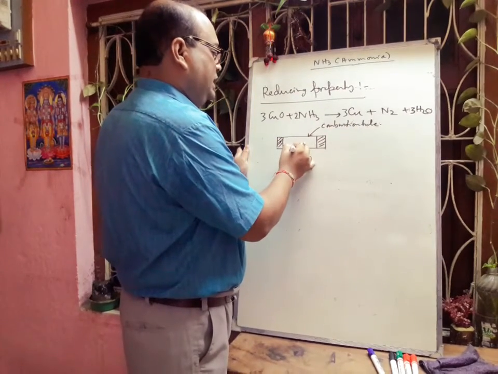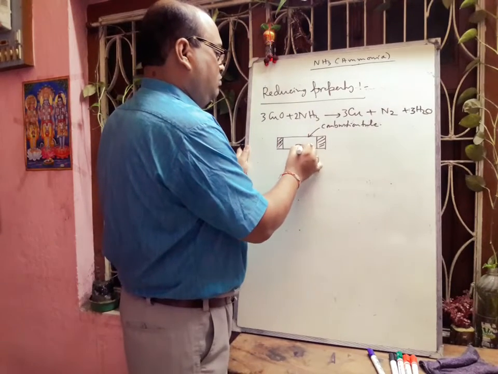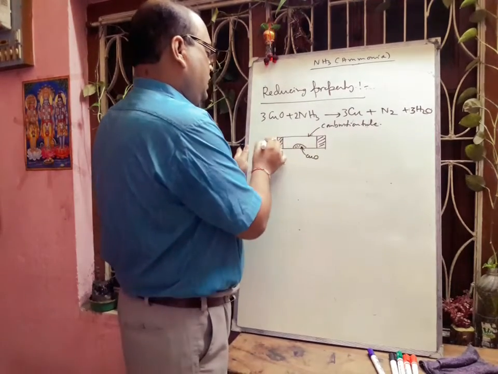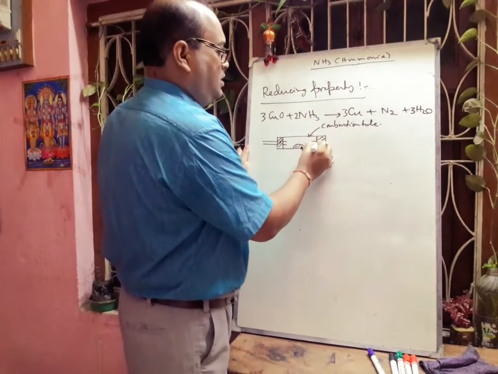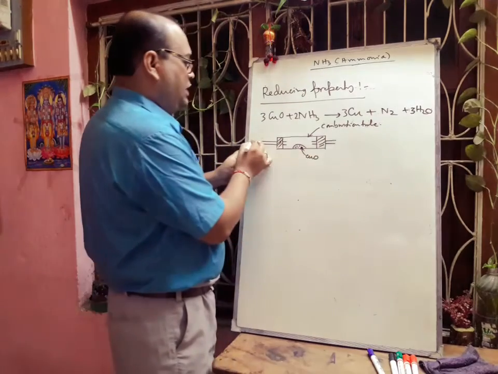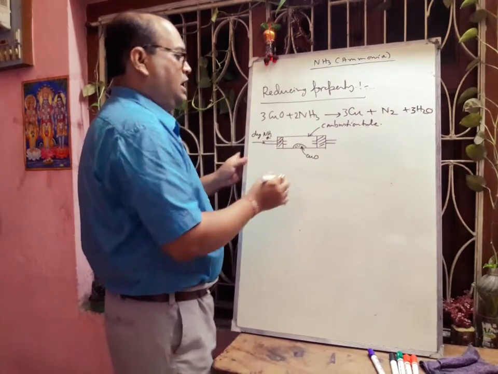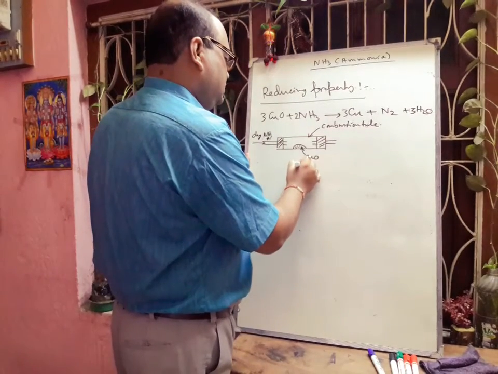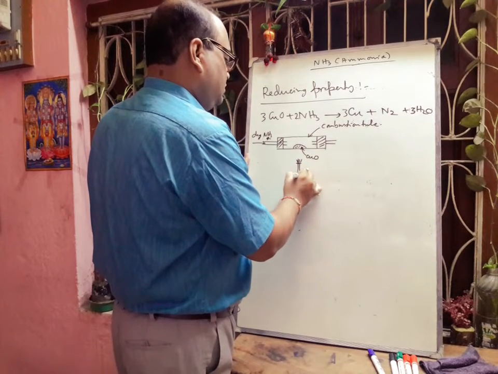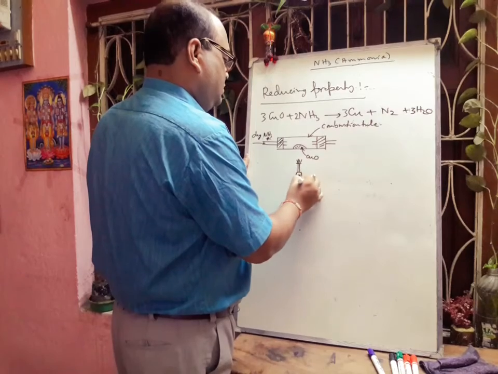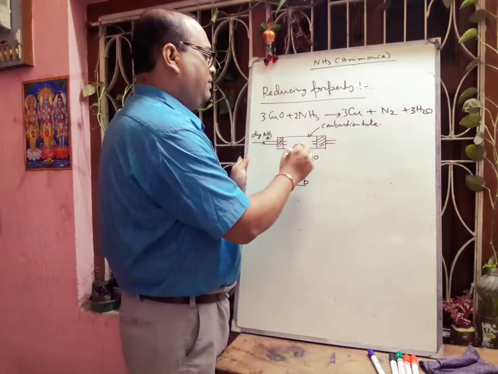Suppose we are taking CuO here, and here will be one tube through which the dry ammonia gas will enter. And here we have to apply heat by using a Bunsen burner. By this Bunsen burner we are applying heat.